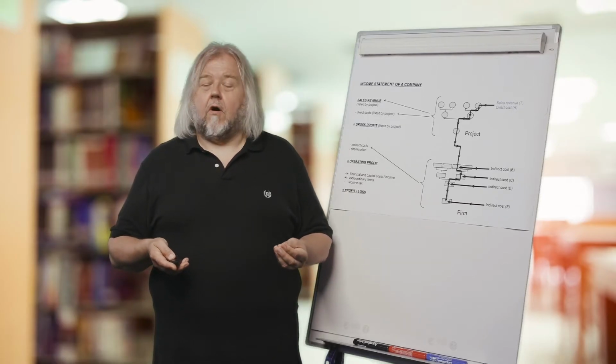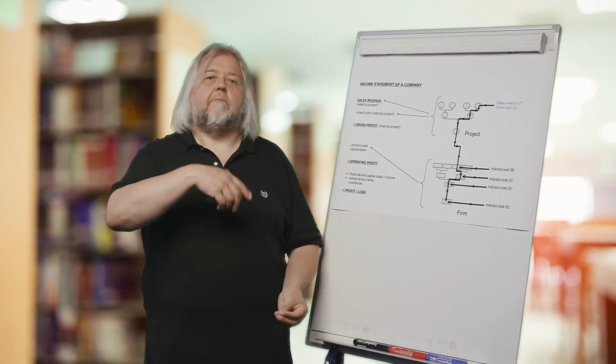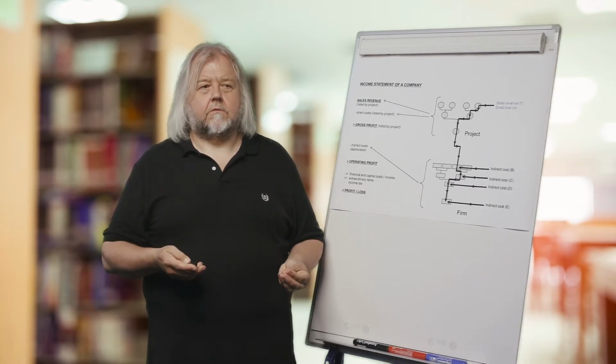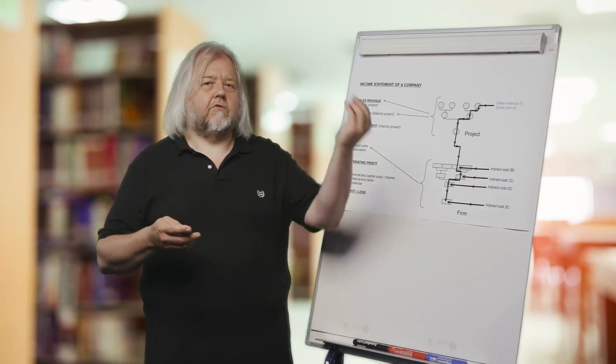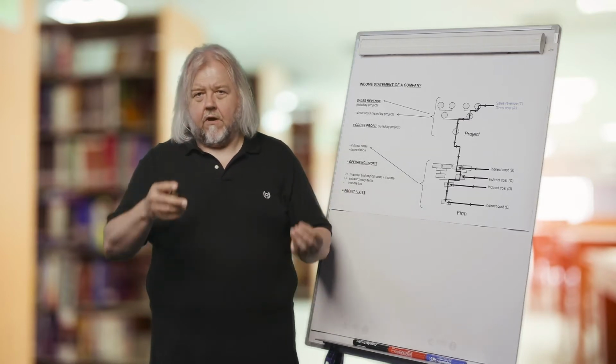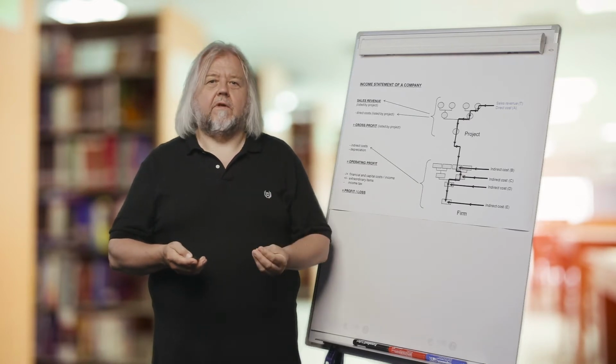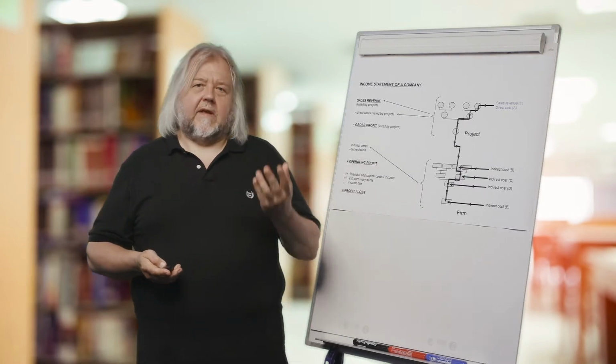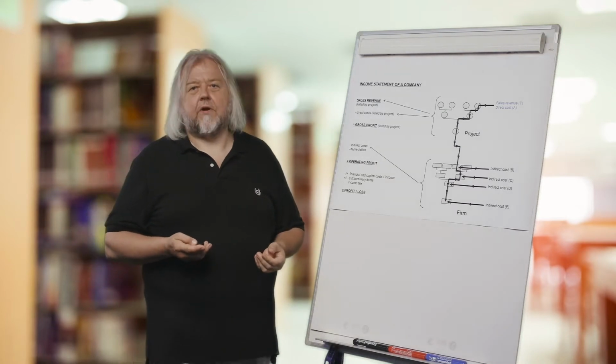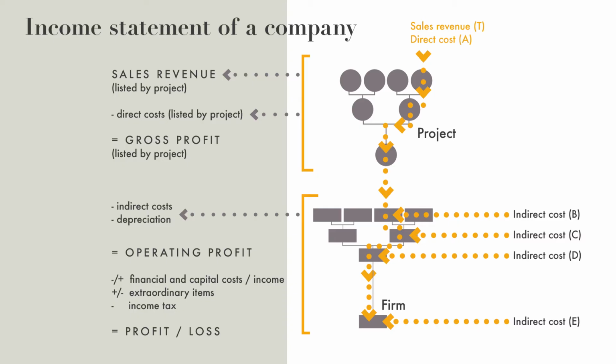Now we are going to flip this picture around. So we move the project to the top and firm to the bottom of the picture. And here we have the flipped around picture of that hierarchy. And on the side of this hierarchy, we have provided the income statement formula of the company.